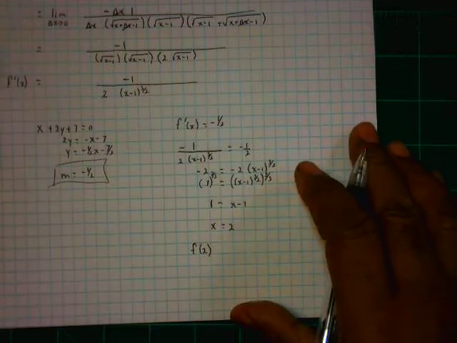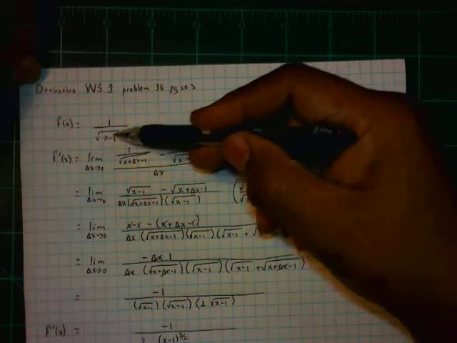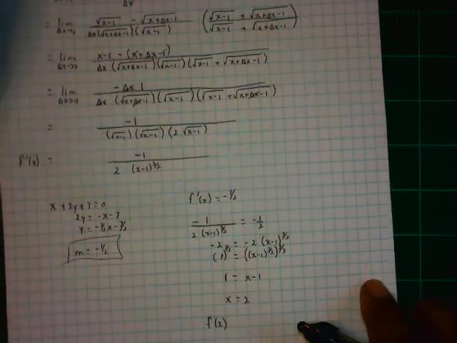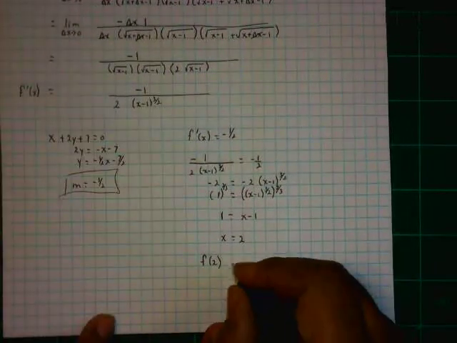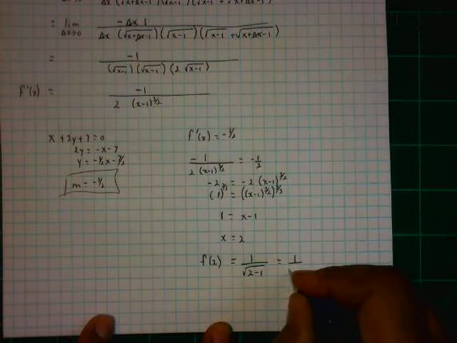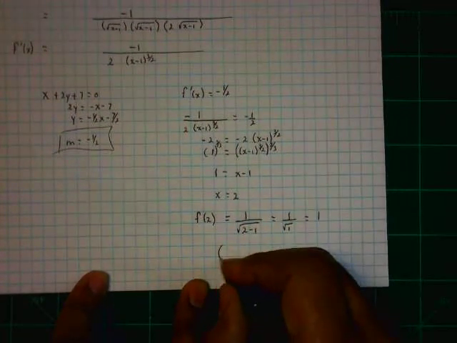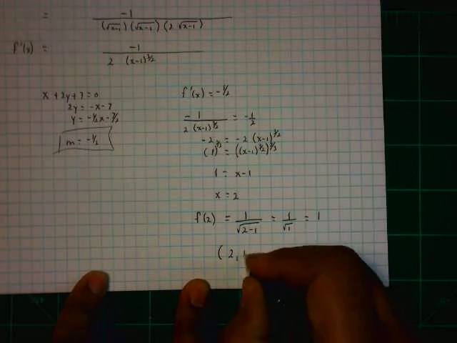So I'm going to take 2 and plug it back into the original equation. This x comes out and I put a 2 in there. And I get f of 2 equals 1 over the square root of 2 minus 1, which is 1 over the square root of 1, which is just 1. So my point becomes 2 and 1.